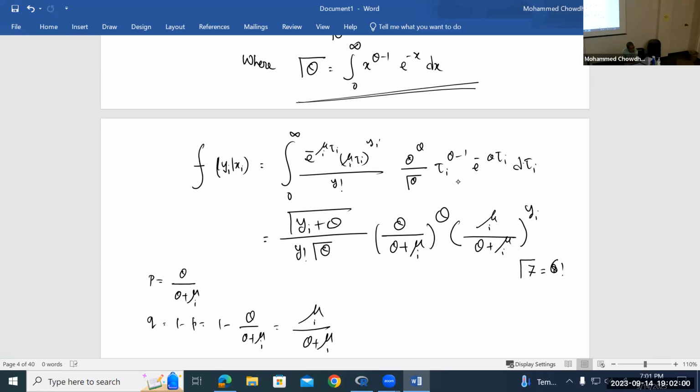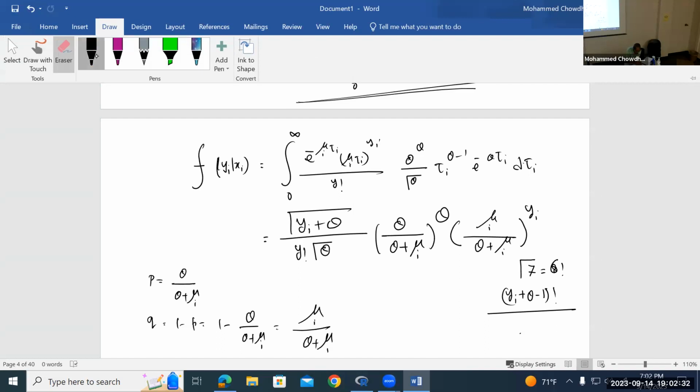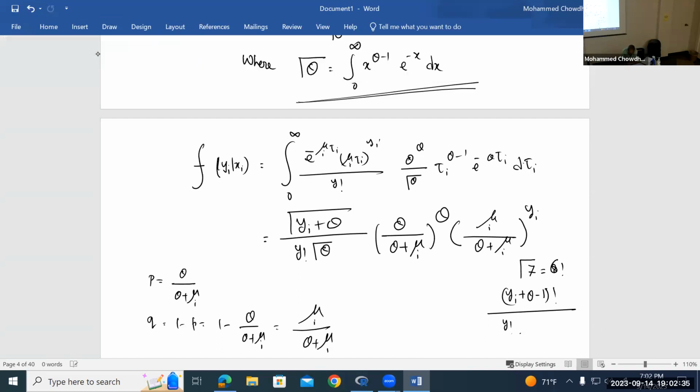Now that could be written as y_i plus theta minus 1 factorial, divided by y_i factorial and theta minus 1 factorial.